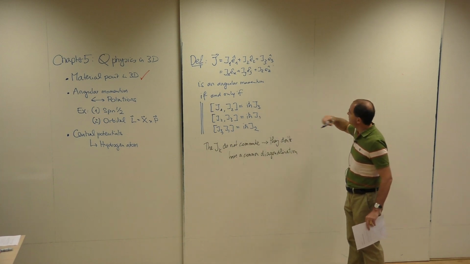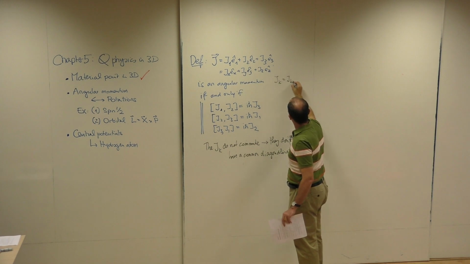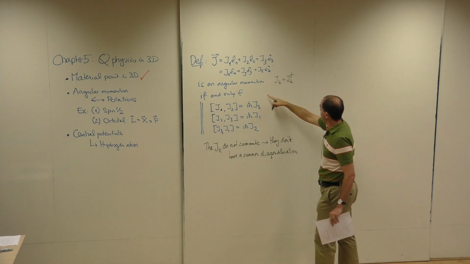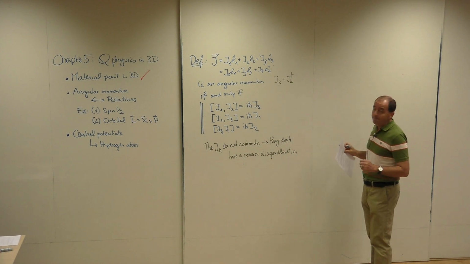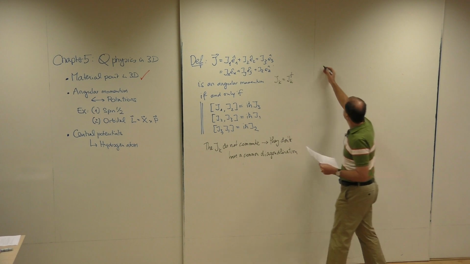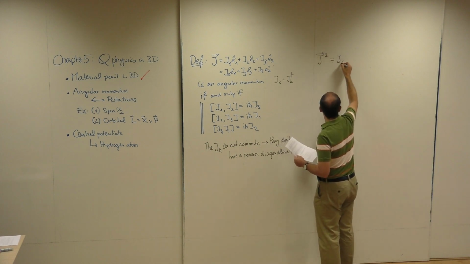But oh, sorry, I should have said that these guys are Hermitian. That means just JK equal to JK dagger. That's another condition to be an angular momentum. But there is one thing they all commute with, and this is what is called J square. J square is just this operator.